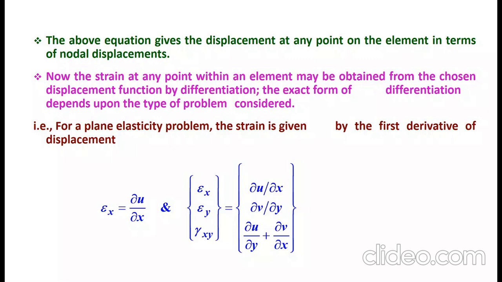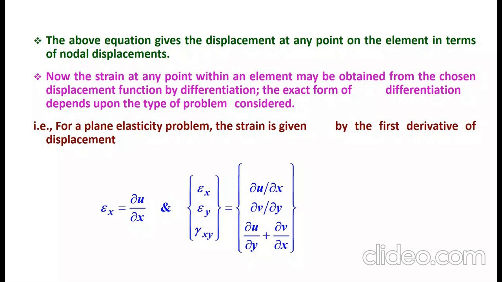For a plane elastic problem, the strain is given by the first derivative of displacements. Here we are considering plane strain conditions. So strain equals displacement by distance. So for that, epsilon x, epsilon y, gamma xy.